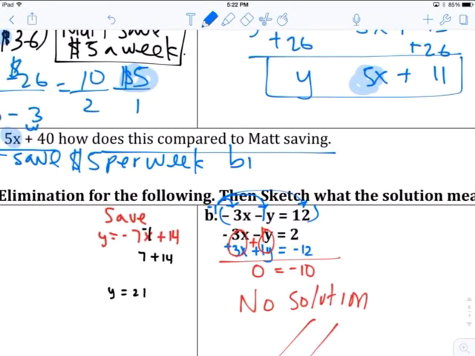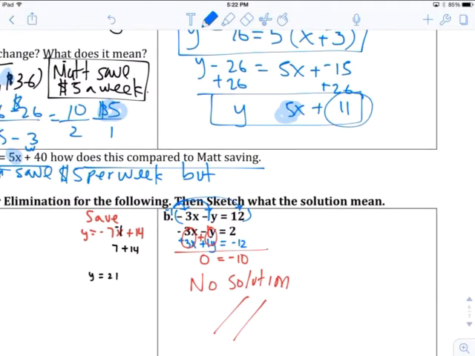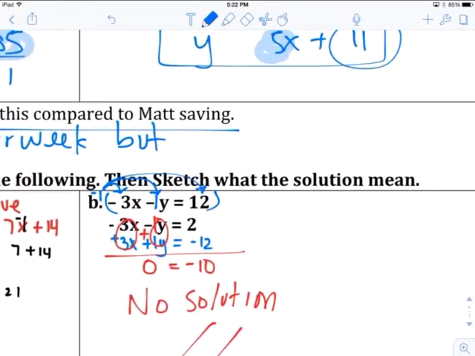But Matt started off with $11, where Samuel already saved $40.